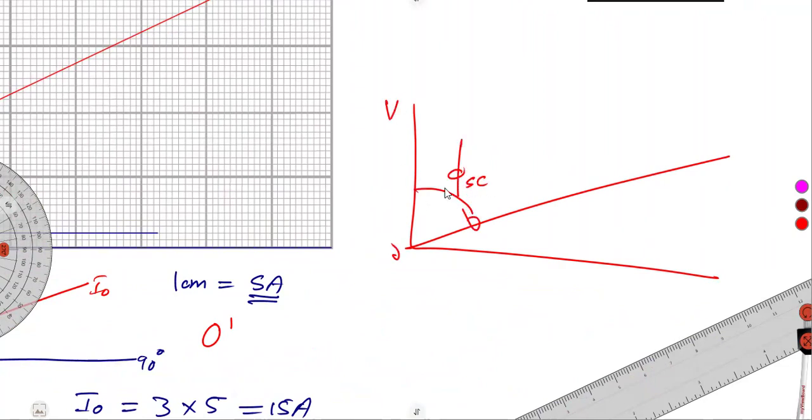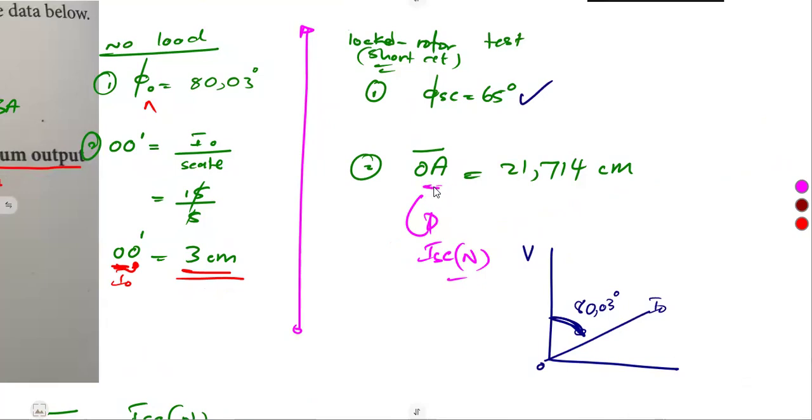So this is supposed to be the short circuit current. But we cannot just measure current, guys, here. What we can measure is the length, the length OA, vector OA.